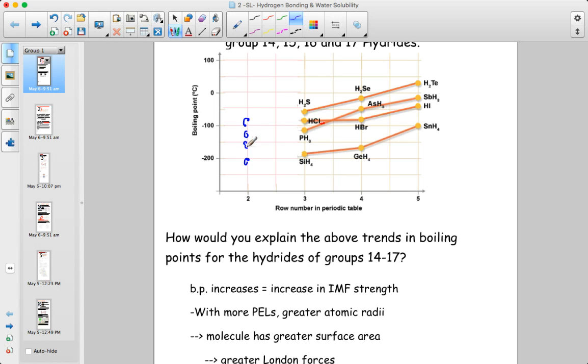So just lower than the one to the right of them, because the general trend is that as we go this way, we've got increasing size of our molecules. Increasing size, increasing surface area, increasing London forces. So that's based on just London forces alone, that's what we would predict.